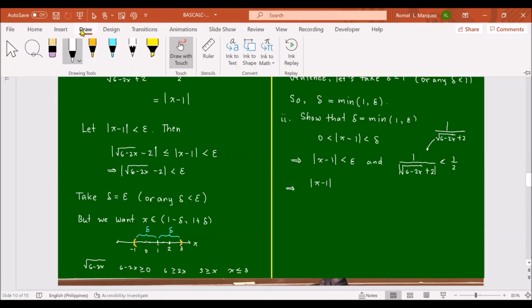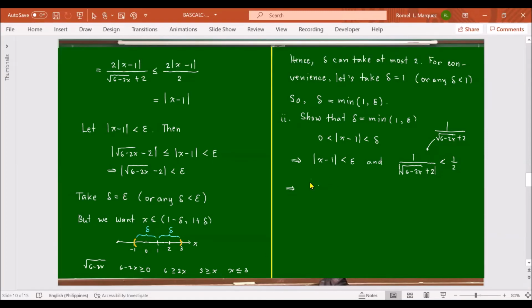So if I multiply this fraction, 1 over abs of the square root of 6 minus 2x plus 2, by abs of x minus 1, which is less than epsilon, this is less than epsilon times 1/2, right? Okay, guys?